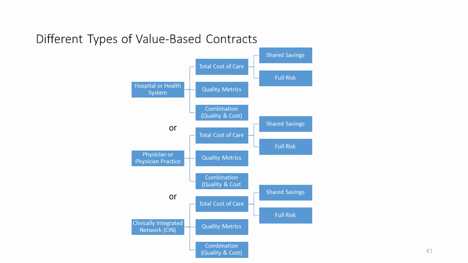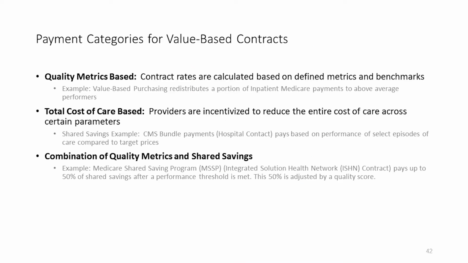Quality metrics, so paying for quality exceeding certain thresholds, and then a combination, so triggered cost reductions in conjunction with the quality. With quality metrics, contract rates are calculated based off of defined metrics and benchmarks. A great example of that is the Medicare Value-Based Purchasing Program, which we discussed a little bit earlier.